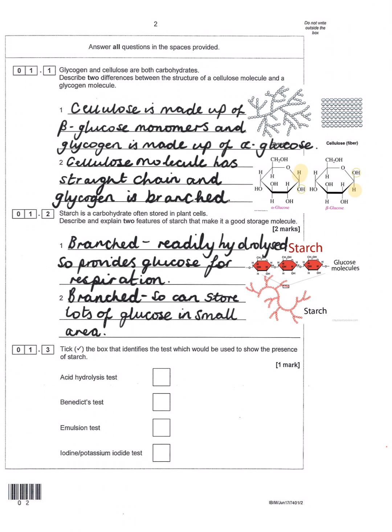Equally, the Benedict's test is testing for the presence of reducing sugar, for example, glucose. However, again, we're looking for a way of testing for starch, so this wouldn't be the appropriate test. The emulsion test is the test that we use to test for the presence of lipids in a solution.